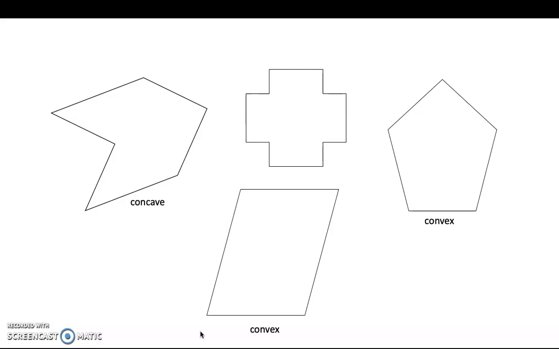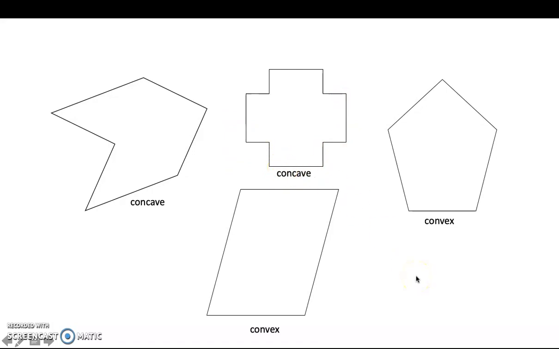Is it a concave or a convex polygon? Concave it is. Why? Because there exist some diagonals that are located outside the polygon.